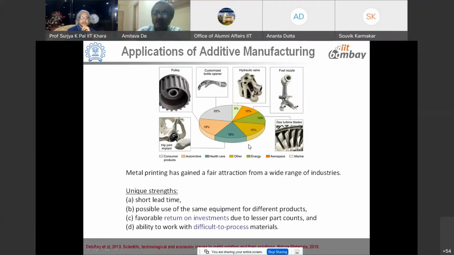For example, it can be in aerospace, as you can see, fuel nozzles, energy, for example, it is there, gas turbine blades, even in user industries like a customized bottle opener. And everywhere, if you see, there is something very common. The shape is very intricate.